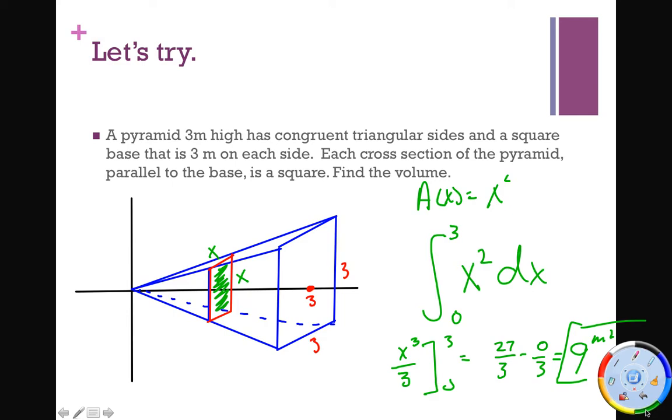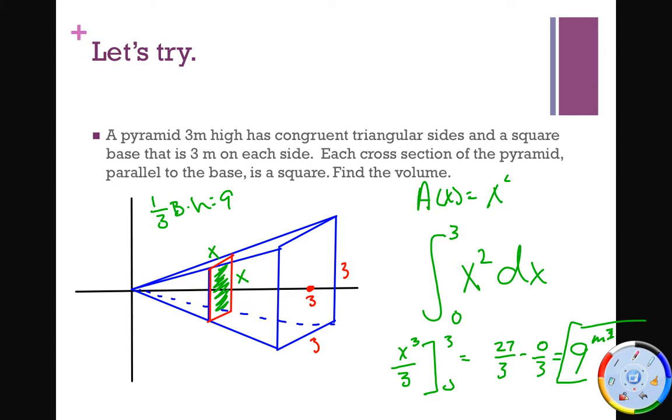Or sorry, not squared, cubed. 9 meters cubed, because it's volume. And that actually is the volume of that pyramid, because the pyramid is found by doing 1/3 times the area of the base times the height. Well, in this case, the area of the base is 9 times the height of 3 gets 27 over 3, which, oh, that's 9. Well, that's good that they matched, because they better match.